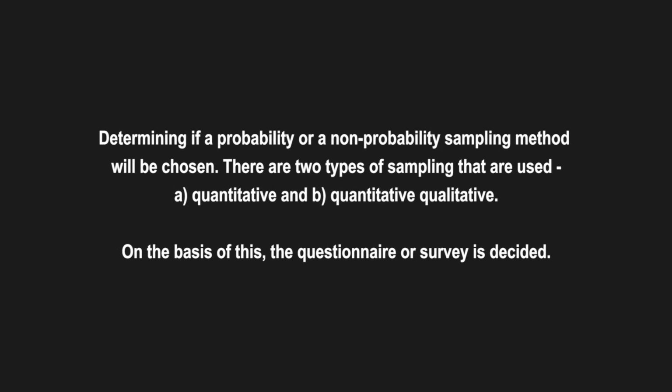Next step is to determine if a probability or non-probability sampling method will be chosen. There are two types of sampling that we use. One is very quantitative and one is a little qualitative and quantitative. On the basis of what kind of survey, what kind of questionnaire, everything that you need, we decide what kind of sampling method we will choose.